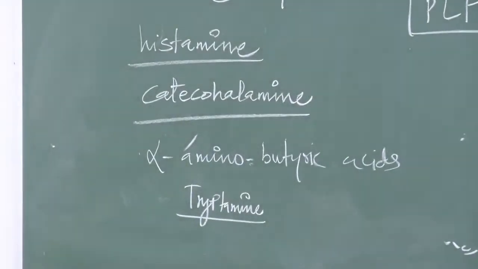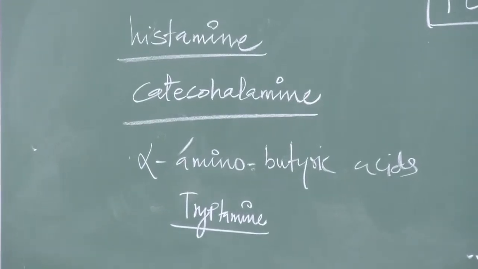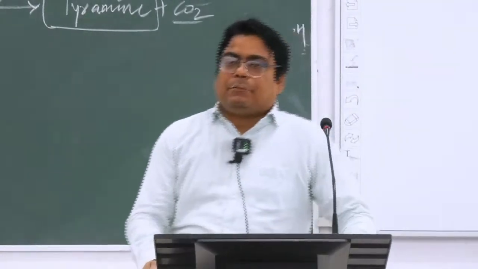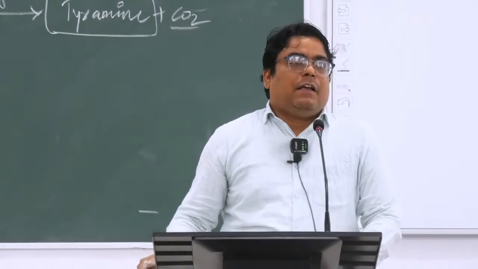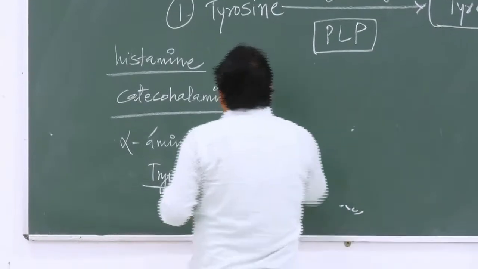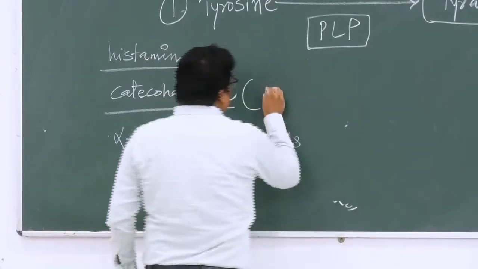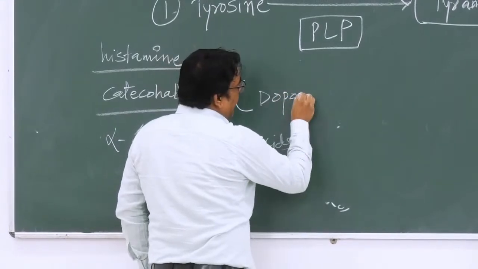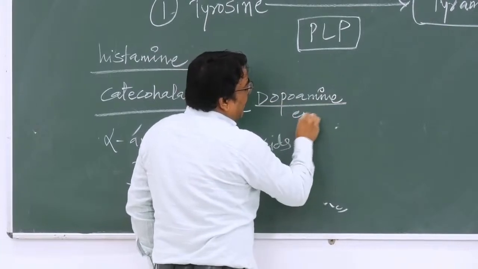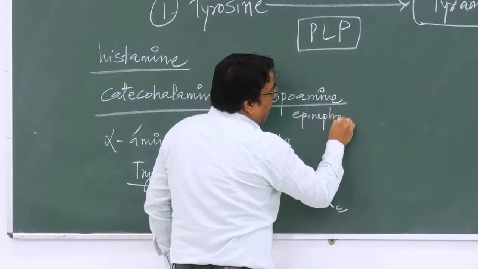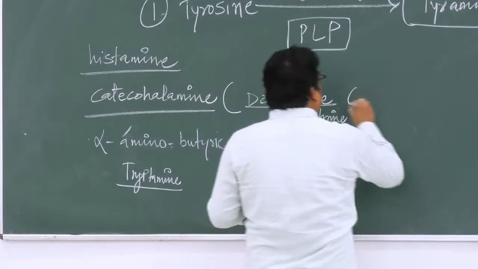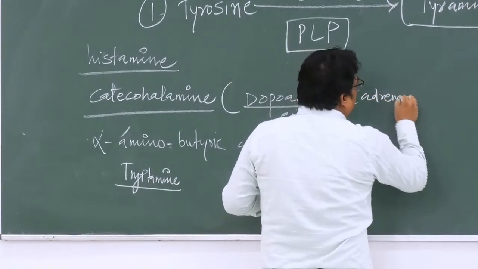What is the meaning of biogenic amine? By decarboxylation reactions, with removal of the COOH group from the amino acid, it forms a specialized product. We call this product a biogenic amine. It is very important because it includes dopamine and epinephrine. Dopamine and epinephrine are secreted by the adrenal gland.